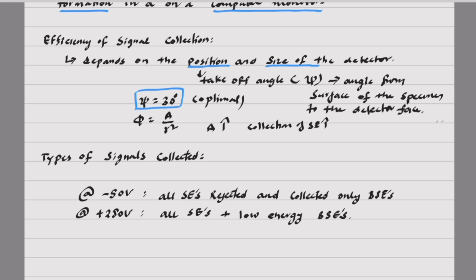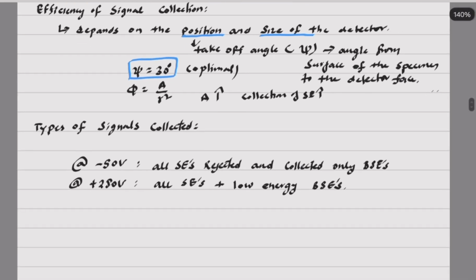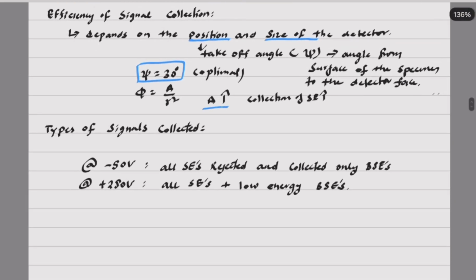A is the cross sectional area of the detector, so it depends on the diameter. When the diameter increases, the collection of secondary electrons also increases. In this way we can maximize the secondary electrons.